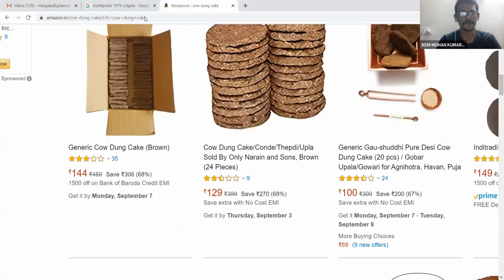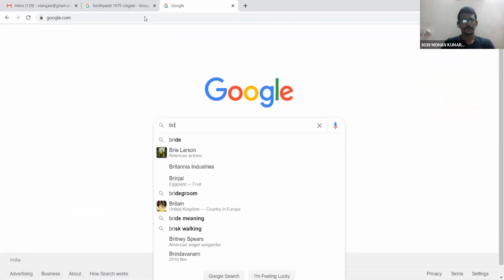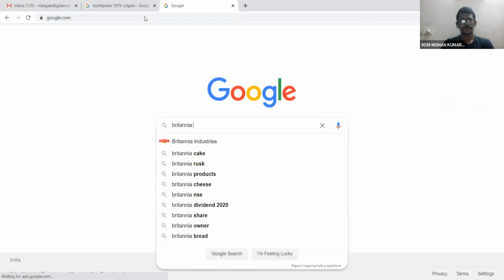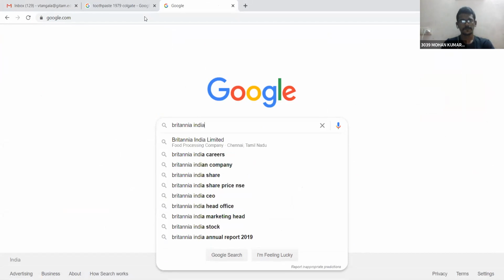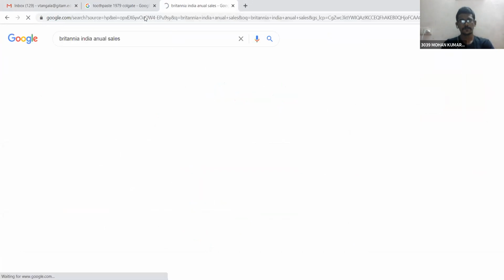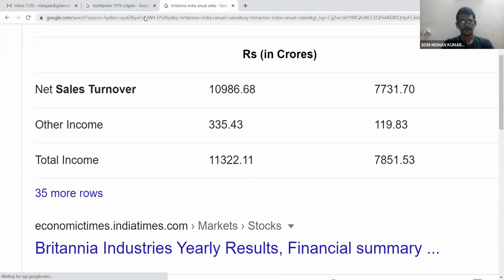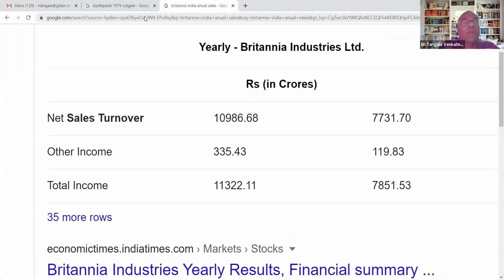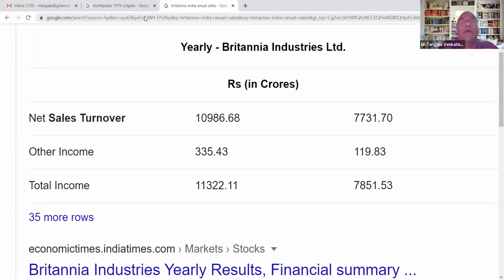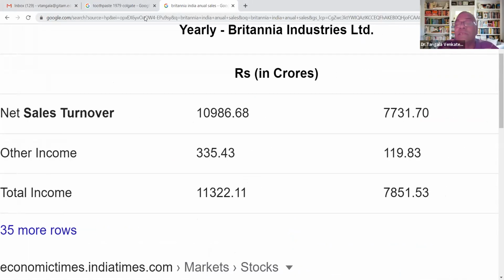Let's see how much Britannia sells. What is the annual sales of Britannia? So here you can see some image. It is 10,986 crores.